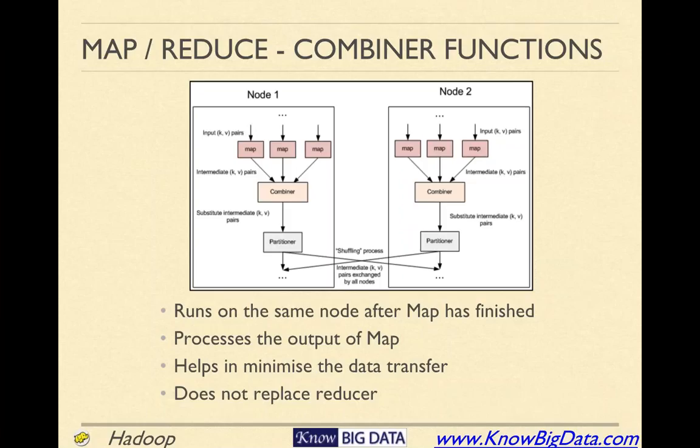So the combiner is executed in conjunction with sorting. The combiner combines multiple values together on the same node. It's like a local reducer on the same node. It combines multiple values for a key on that node.